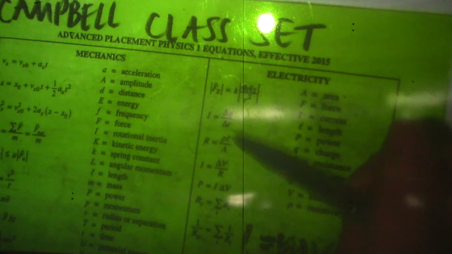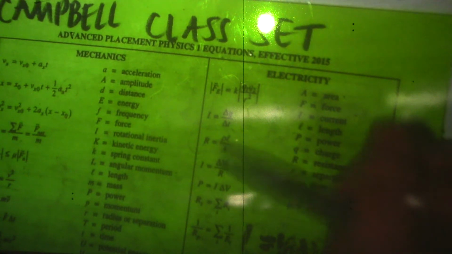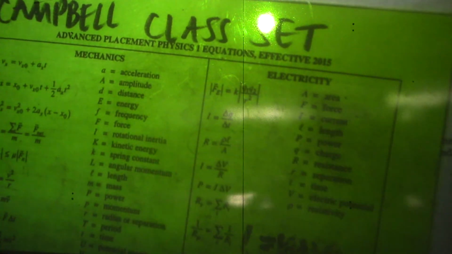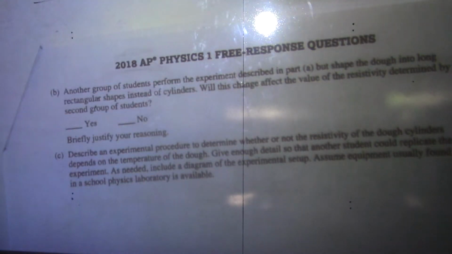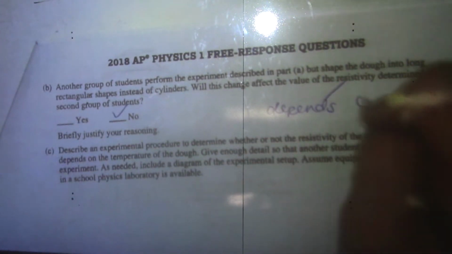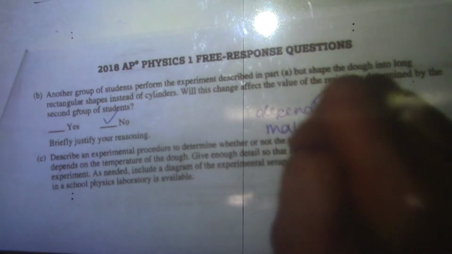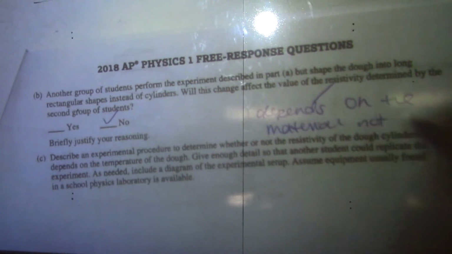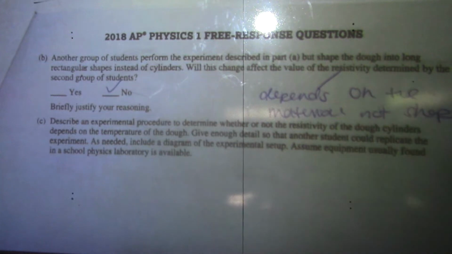Is it longer? Is it fatter with a greater cross-sectional area? But the actual resistivity of the material depends only on the material. So no, because resistivity depends on the material, not the shape. Whereas the actual resistance depends on the shape and the resistivity.